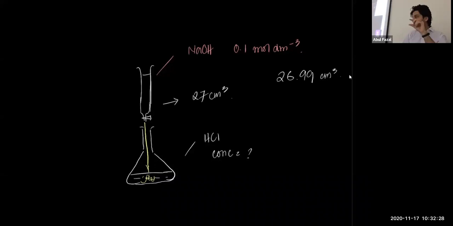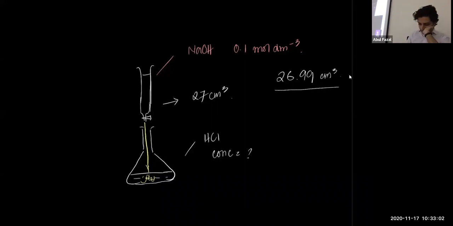An extra 0.01 turned it pink. So 26.99 was balanced, more or less, but 27 is slightly exceeding the NaOH. You have this much acid, you keep adding alkali, it's colorless, increasing, balanced, still colorless. But the next drop is slightly alkaline, and it's pink. The whole solution turned pink.